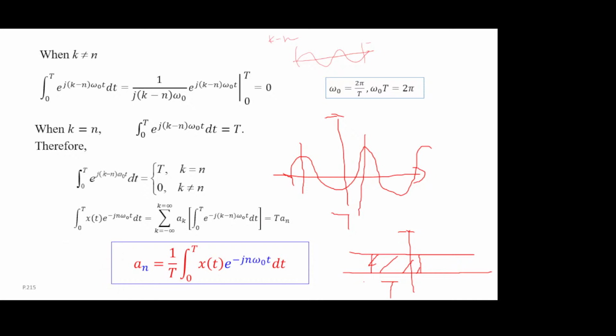Then we arrive at what we want: an equals 1 over big T, integration from 0 to big T, x of t e to the minus jn omega naught t dt. So you multiply your x of t with e to the minus jn omega naught t, basically the complex conjugate of e to the jn omega naught t. Then you integrate it over one period and you do some normalization with 1 over T. Then you will get back your an.